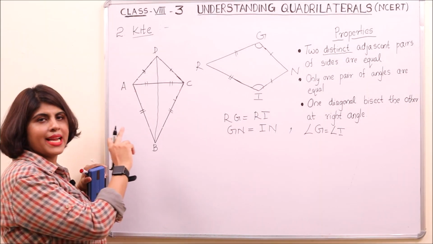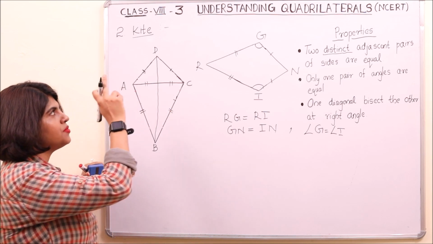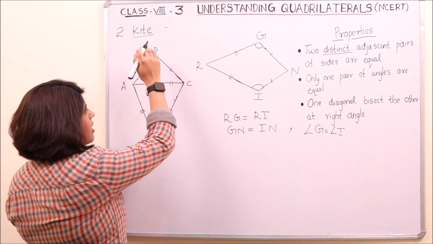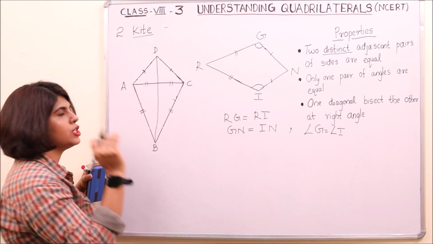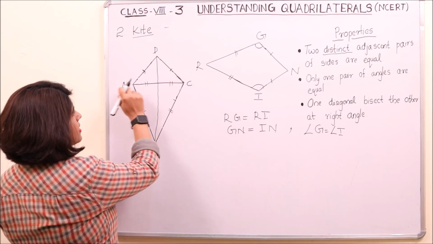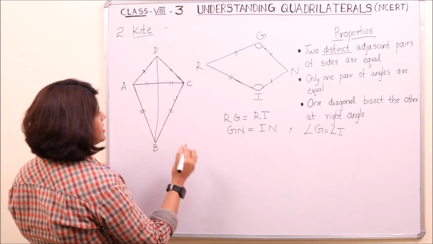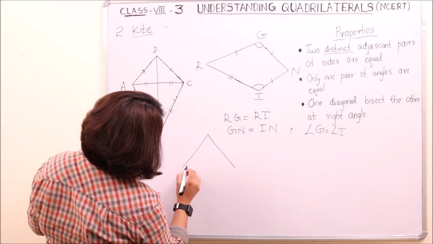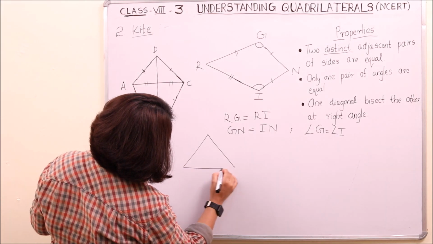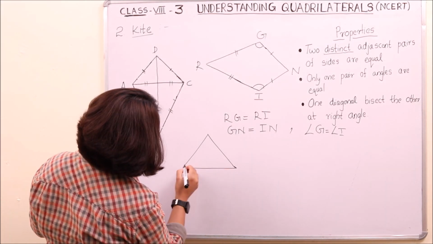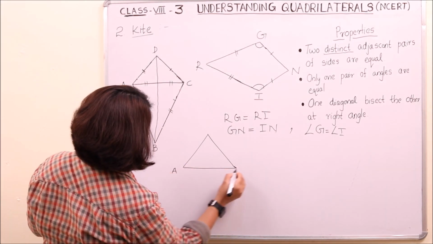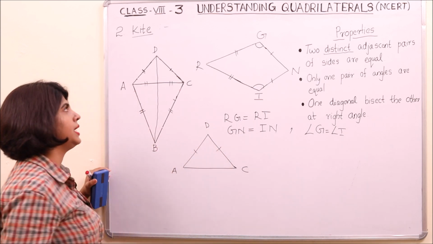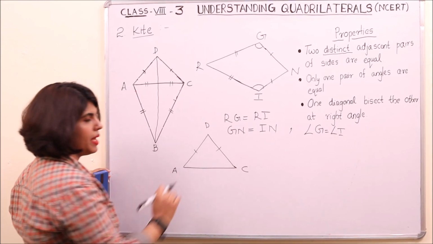Okay, here AC is one of the diagonals of this quadrilateral ABCD, and this AC divides the whole quadrilateral ABCD into two triangles. If we are considering only the triangle ACD, here these two sides are equal and this is the base.